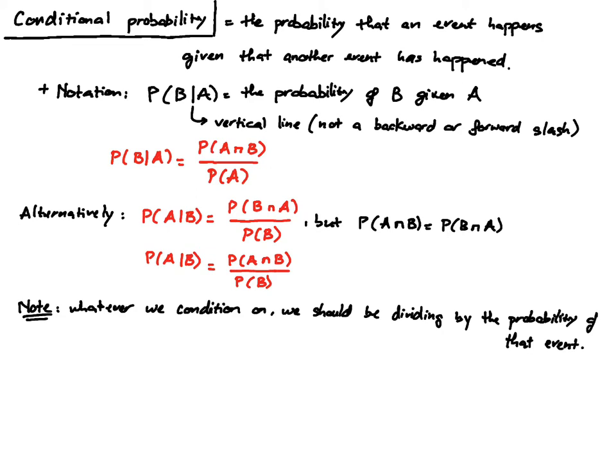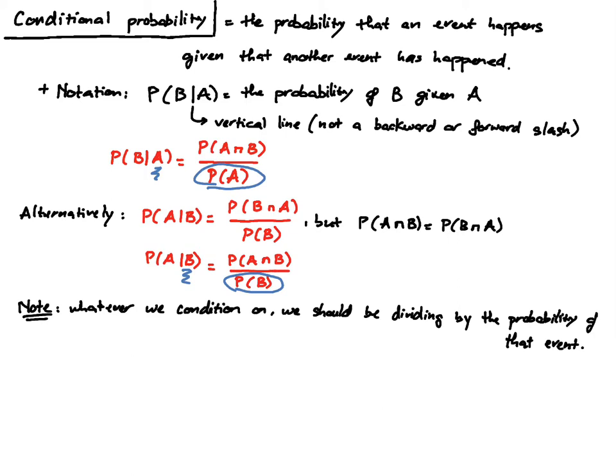So for example, in the original formula up here, we are conditioning on A, and so we divide by the probability of A. In this alternative formula down here, we're conditioning on B, and so we divide by the probability of B. In both cases, the numerators are the same.